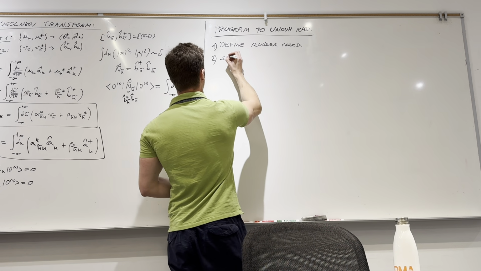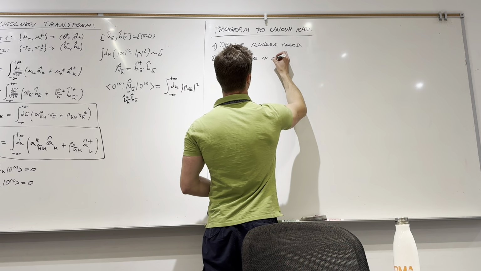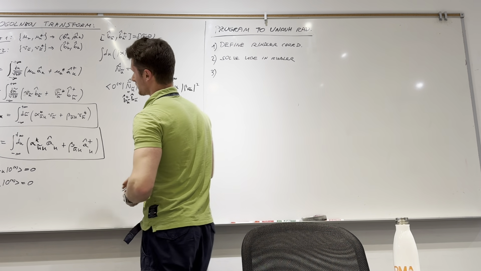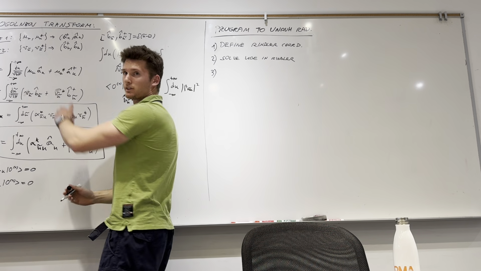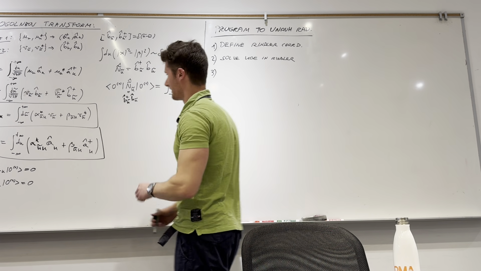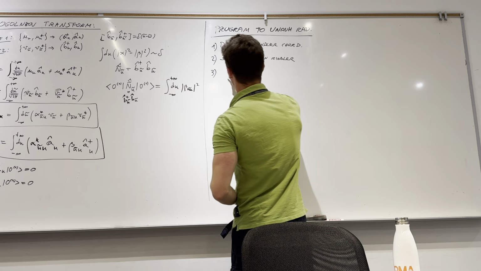So solve Klein-Gordon equation in Rindler. And then third, once we have the solution, we can build our different field expansions and we can compute the Bogoliubov coefficients. And this will lead us to the final result, basically. So compute.